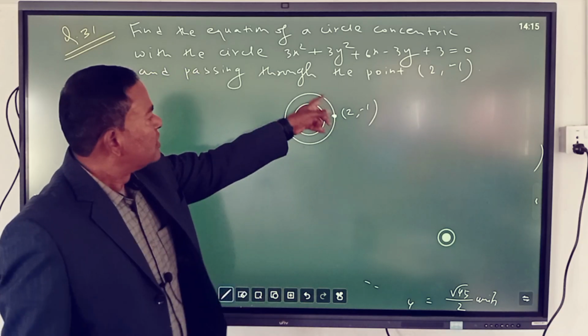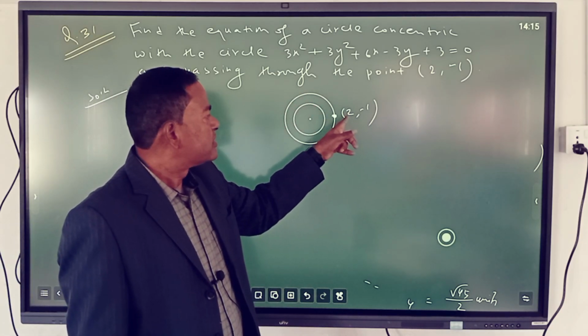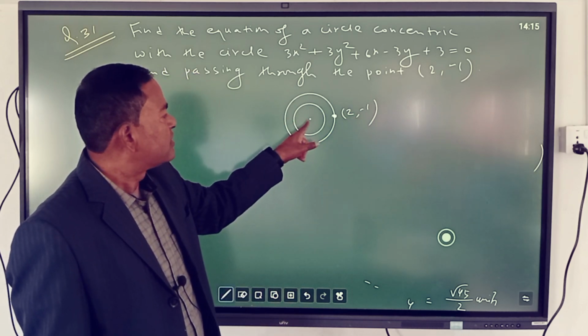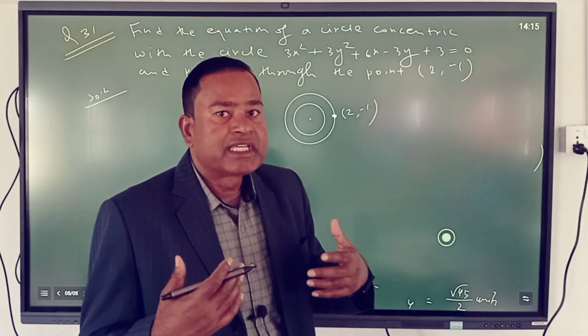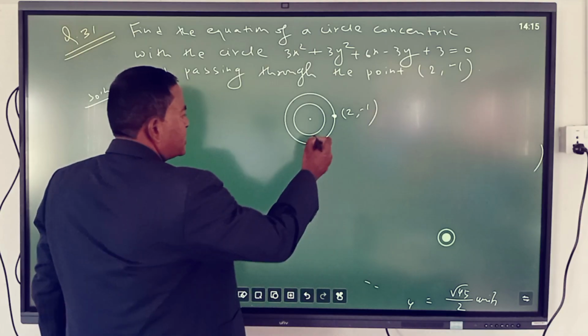So we are going to find the equation of circle which passes through the point 2 comma minus 1 and is concentric with the circle 3x square plus 3y square plus 6x minus 3y plus 3 is equal to 0.